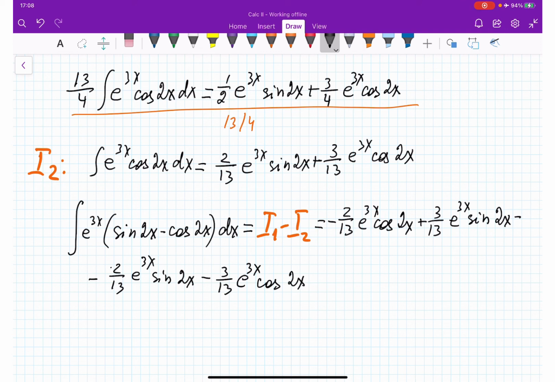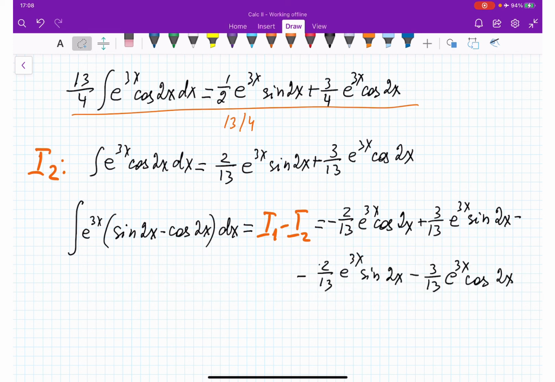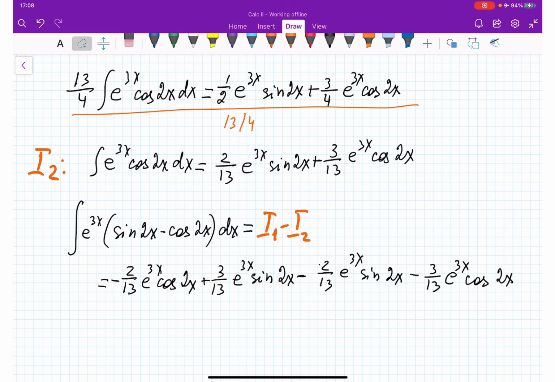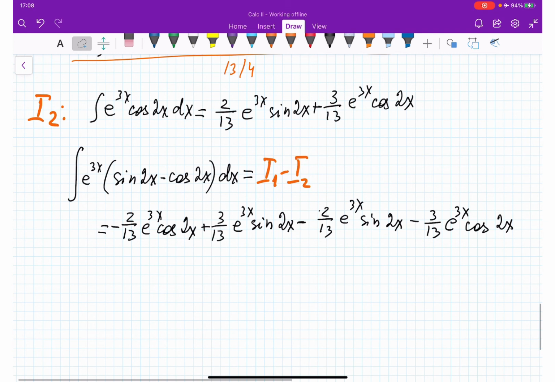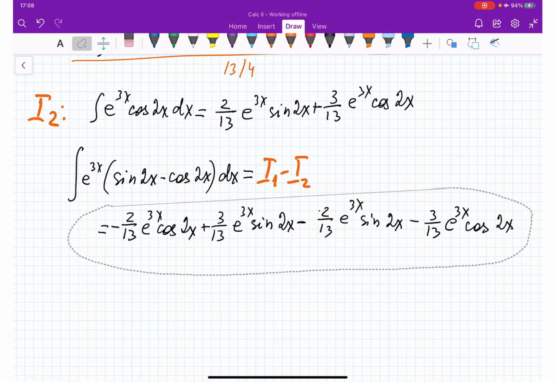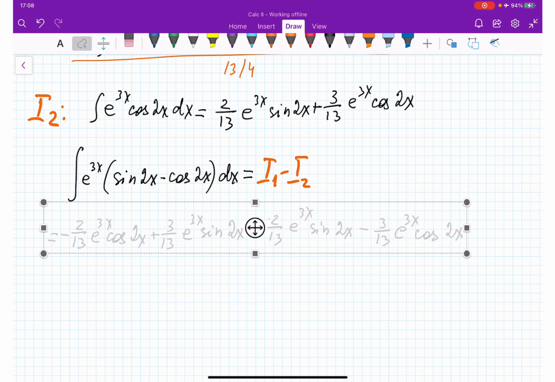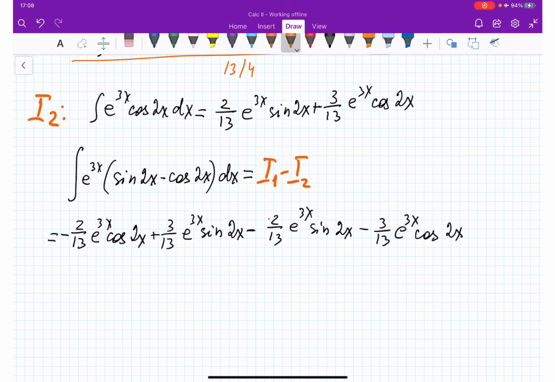All right, let me do it more organized, move it here, and this here. Okay, this is much better. So this is going to be our I1, and this is going to be our I2.